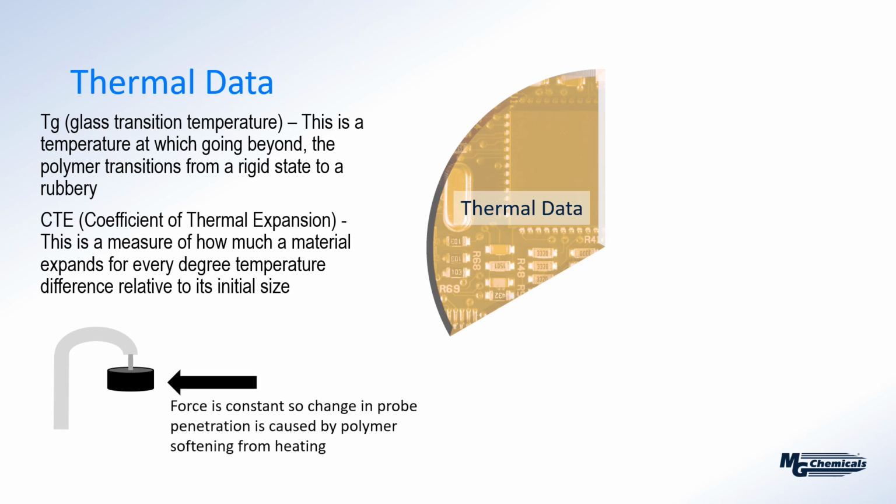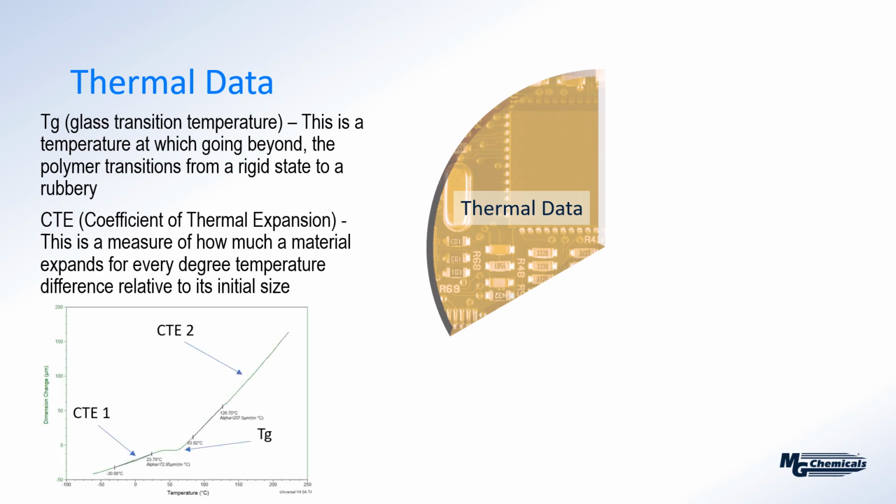So what the machine will record is that displacement of the probe from the starting position. And since we haven't added any additional force, the only thing that's changing is the material's ability to resist that probe. So as it softens, it exerts less force in terms of how it's able to resist. And you see that in terms of the slopes, and we're going to see that now.